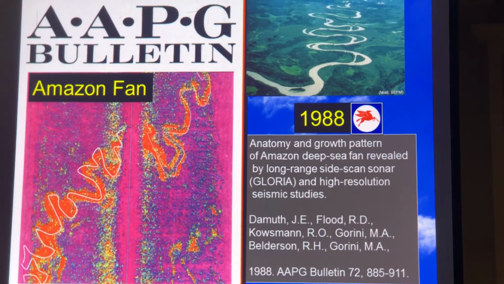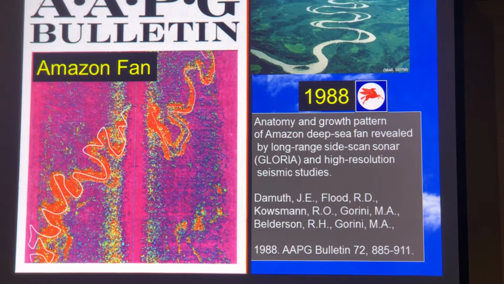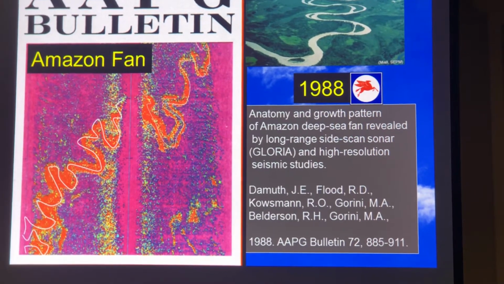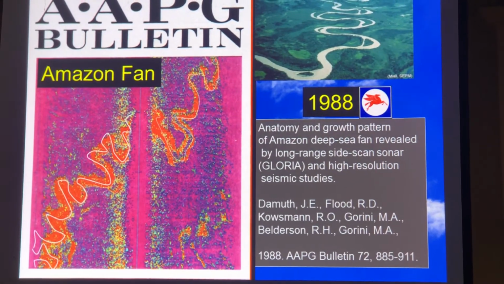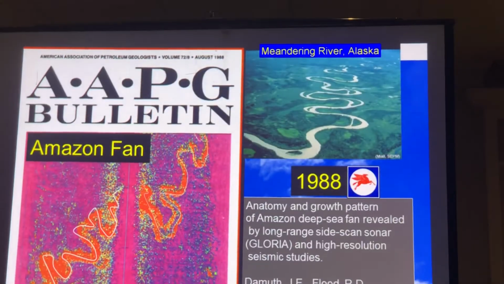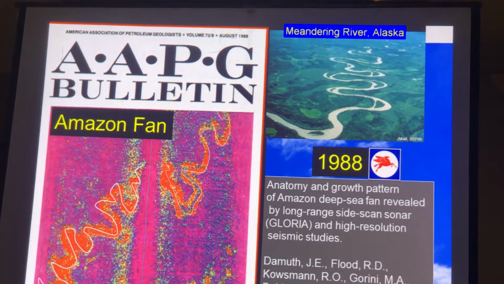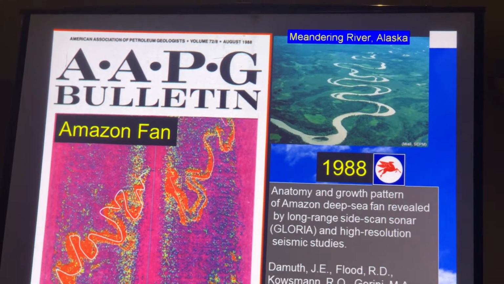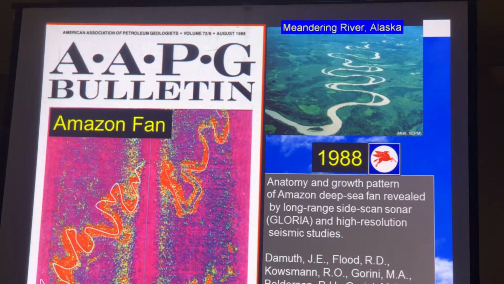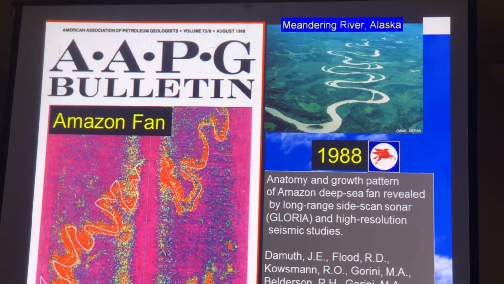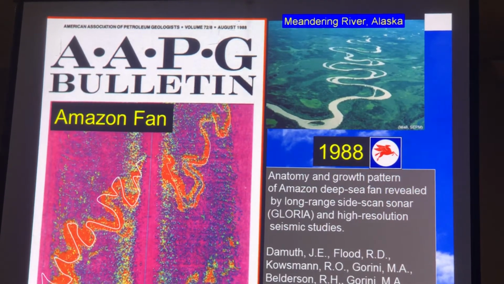The answer is no. At the same time, Damuth published this image on the cover of the AAPG Bulletin, and as you can see, it shows a nice meandering channel pattern, except this channel pattern occurs at 3,000 to 4,000 meters water depth on the seafloor.